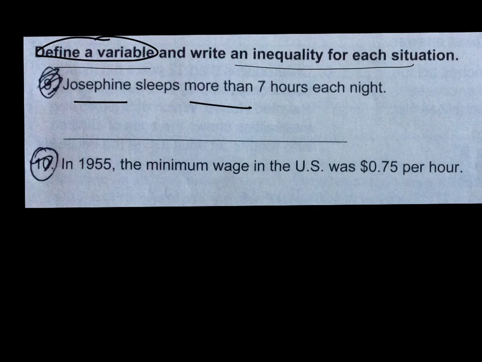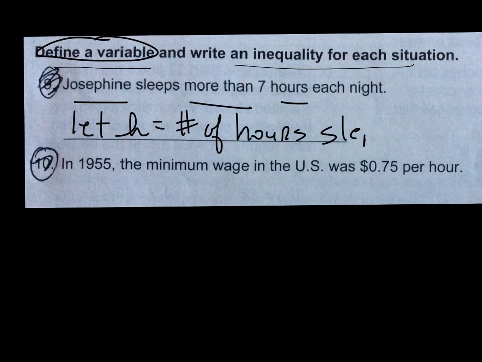Since we're dealing with number of hours of sleep, let H equal the number of hours slept for Josephine. So if she sleeps more than 7 hours, then simply that would be H is greater than 7. Anything more than 7 would satisfy that situation.